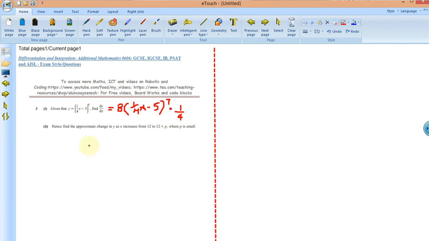The final solution to the first question will now be 2. Then open bracket, because 8 times 1 over 4 will be 2, 2 into 1 over 4x minus 5 raised to power 7. Guys, hope that is clear.